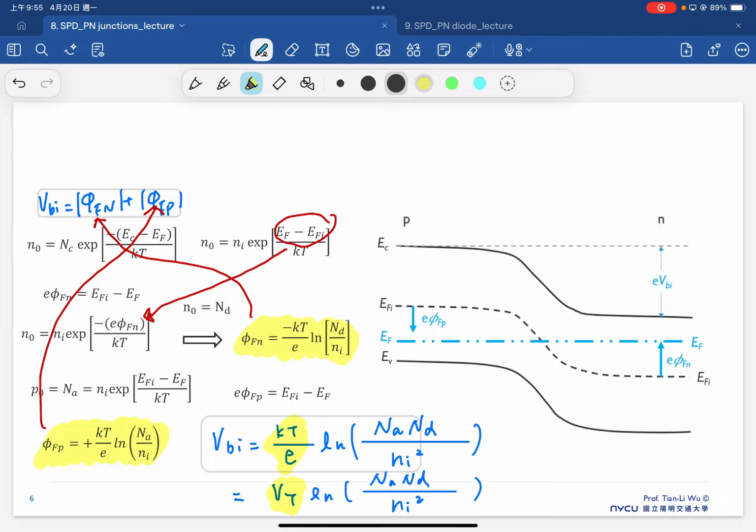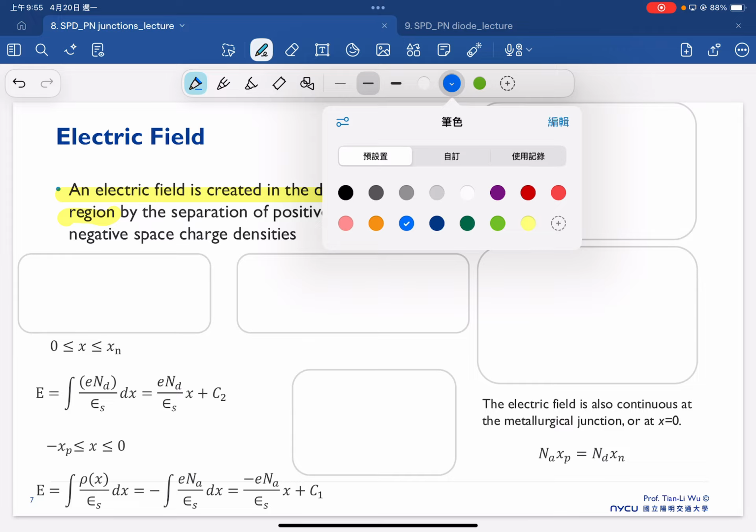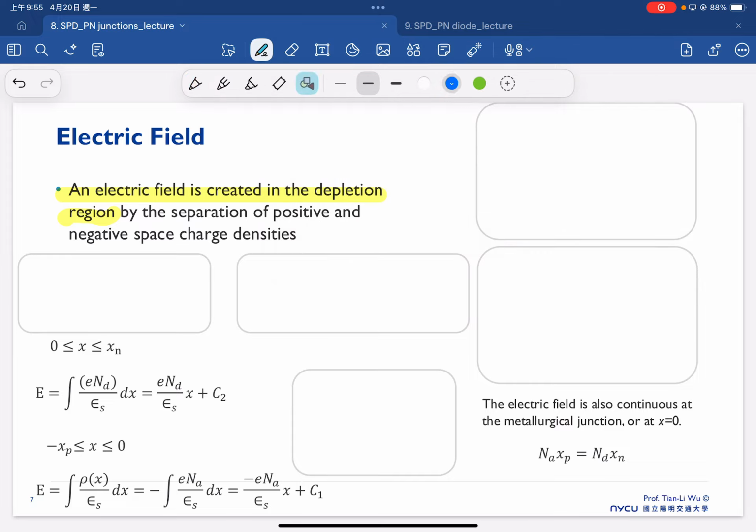So now, since we have the potential, we have a voltage, the next stage we are definitely interested in is the electric field inside this space charge region. Because we already knew that an electric field is created in the depletion region, we are interested in how to estimate this electric field. So still we consider that we have this p-n junction here.